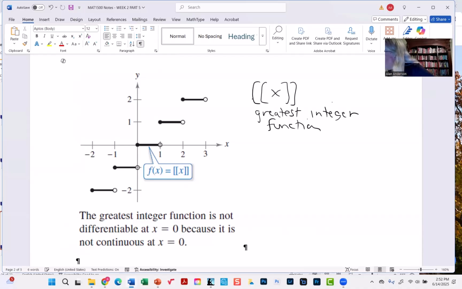So what does that mean? Well, let's take this as our example. Let's say we're looking at 0, then in between, let's say right here at a half.